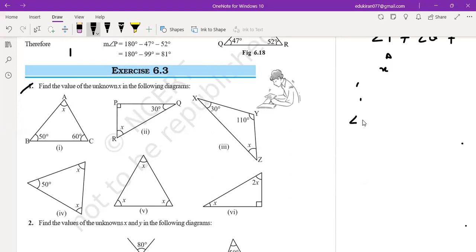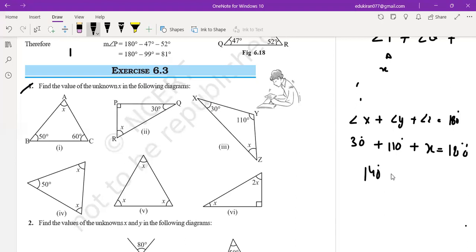See, it was angle X plus angle Y plus angle Z equals 180 degree, right? Angle X is 30 degree, angle Y is 110, and angle Z is X. So 30 plus 110 will give you 140, plus X equals 180. So X will be 180 degree minus 140. So you got 40.